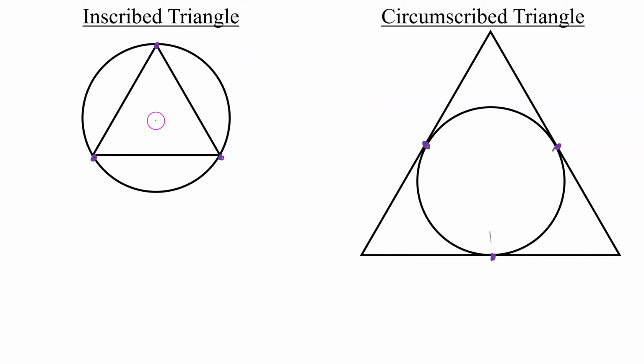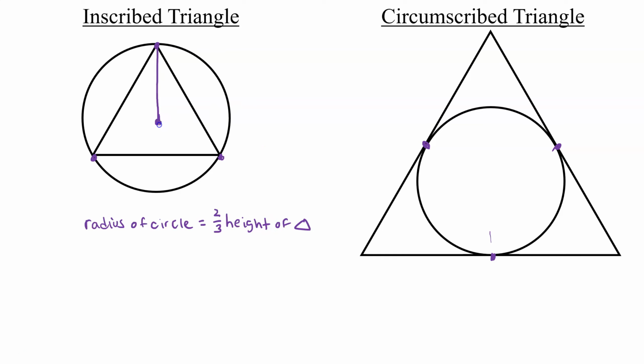So first relationship, let's talk about the radius of the circle, and let's draw it up to one of the points of the triangle. The radius of the circle is equal to 2/3 the height of the triangle.